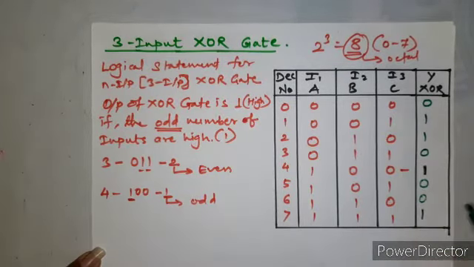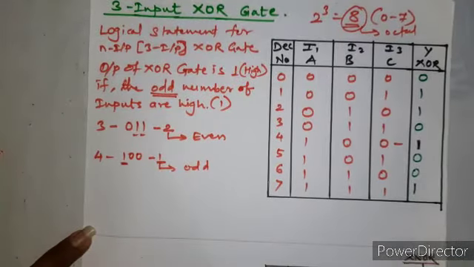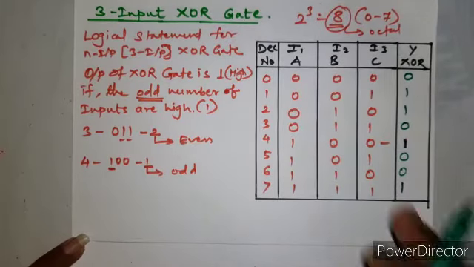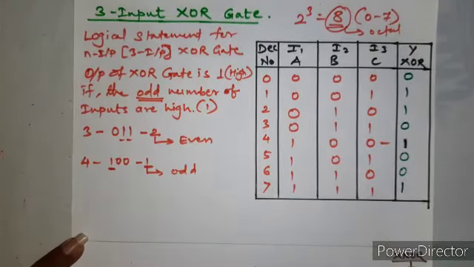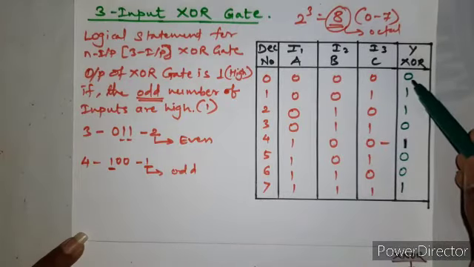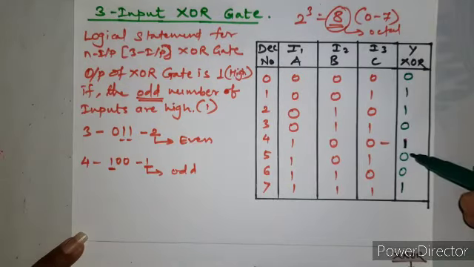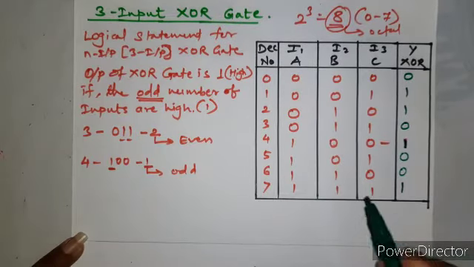As I said, this 3 input XOR gate table is different from the 2 input XOR gate. Let me again verify this: 0 1 1 0 1 0 0, right?